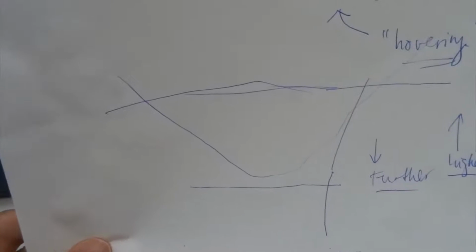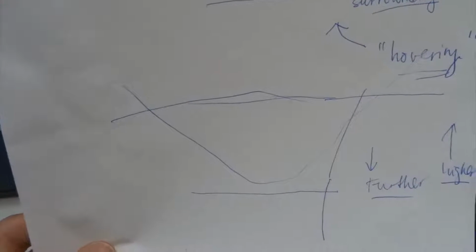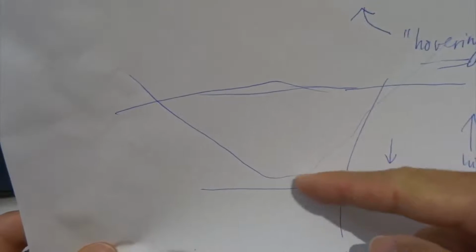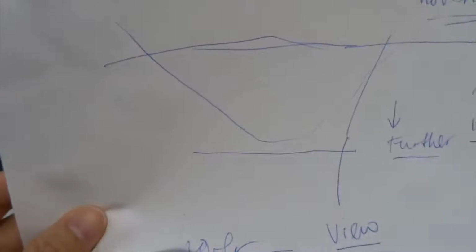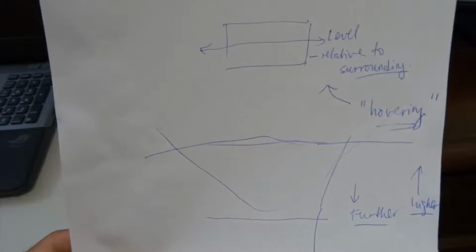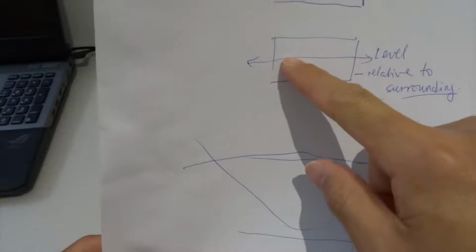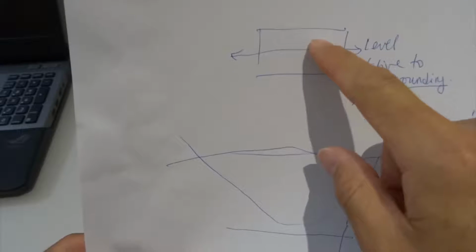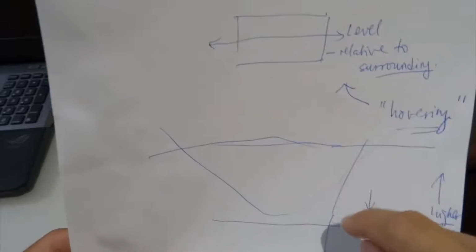And if you understand what this diagram is telling you, then you can consciously tell your brain that you're not here, the image shows that you're here, but you're actually here. So you can adjust accordingly. The problem with flying FPV is that you need to know your position relative to your surroundings. So you need to know where your leveling position is. And at the same time you have this problem of distorted image.